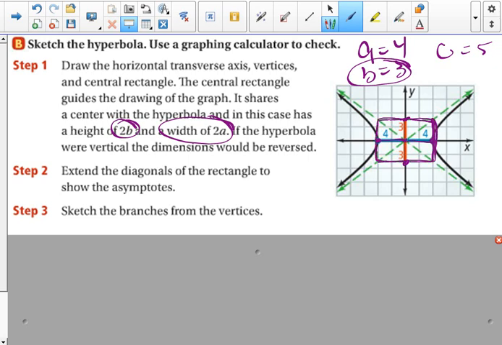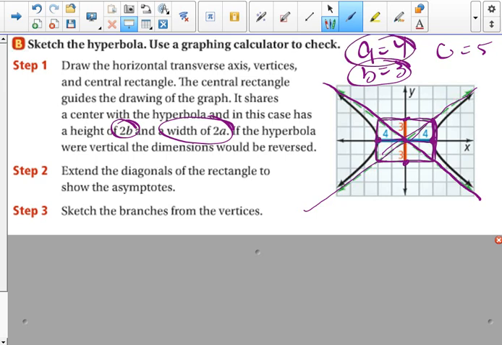Now, through the corners of the box, draw a line. So it's going to come through that one, and then draw this one. Straight through the corners. Now, those are like your asymptotes, right? They're going to get really close to those lines but never touch. Now we know the vertices are at 4 because that's our A value.